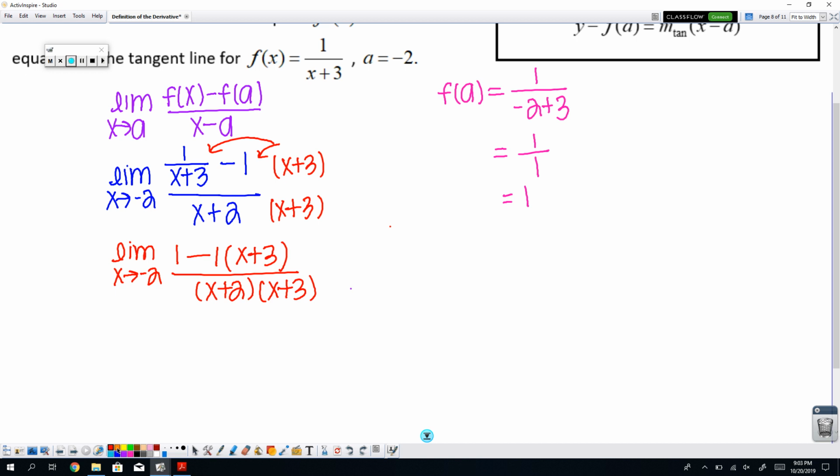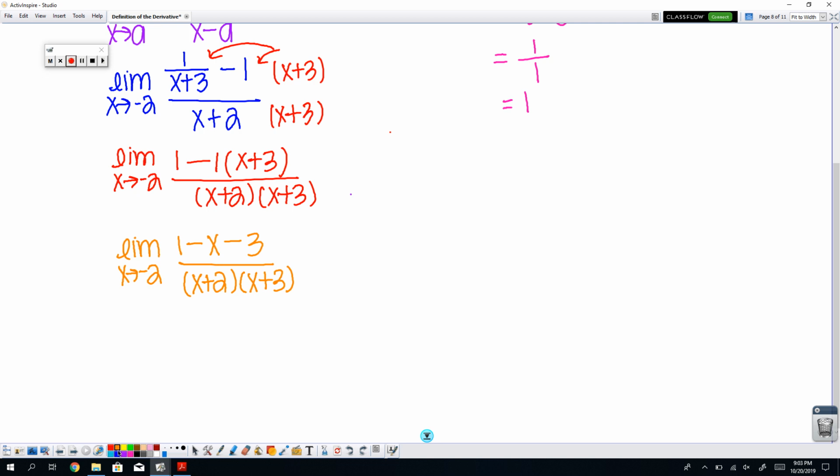Okay, now we're going to keep going, so the limit as x approaches negative 2 of 1 minus x minus 3 over x plus 2 times x plus 3. Alright, now we're going to keep going. So the limit as x approaches negative 2 of negative x minus 2 over x plus 2, x plus 3.